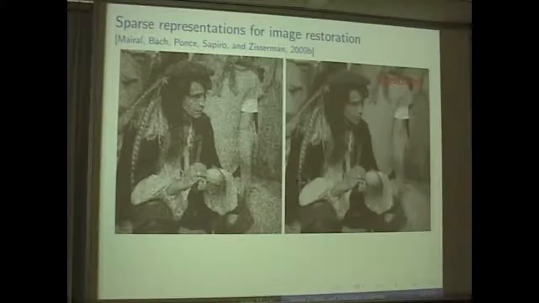And on the right-hand side, you see the result. If you now use this dictionary with coefficients, only few of which are allowed to have large values, so here this L1 regularization was used, you see there's actually a pretty nice denoising. Go ahead. How large are the patches? I think people use 8 by 8, 16 by 16. Yeah, exactly.